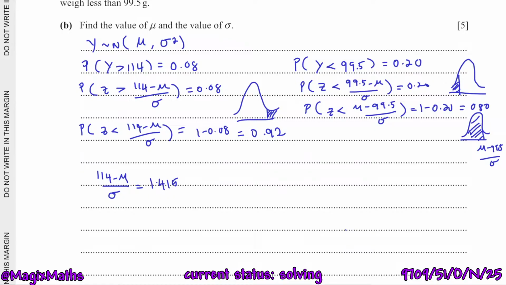Perfect, the closest we have is 0.8023, which is 0.858.